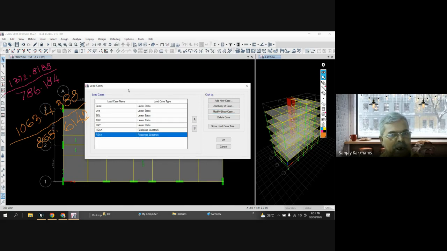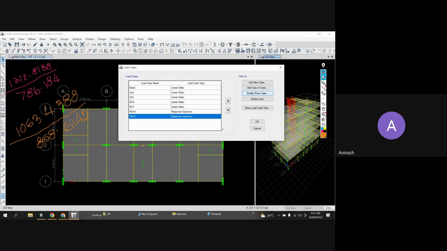For spectra in Y direction, it is the same thing.